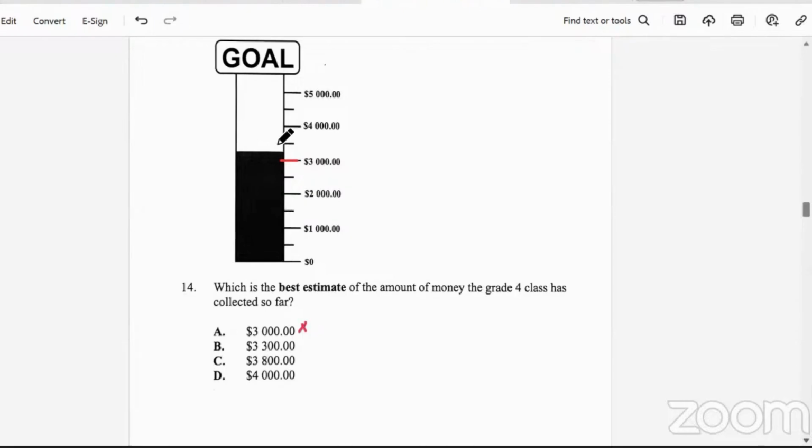All right, so would it be 4,000? Their numbers come between 4,000 and 3,000, so it would not be 4,000 either. Okay, so we have numbers here that are closer. Where the mark is right here, if we were to write in the numbers for this one, this would be 3,500.